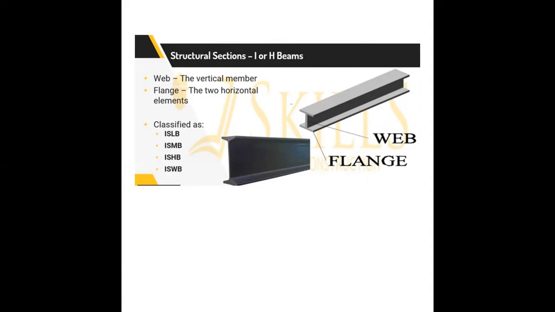We see the web, which is the vertical member, and the flanges, which are two horizontal elements. They are classified as ISLB, ISMB, ISHB, and ISWB.